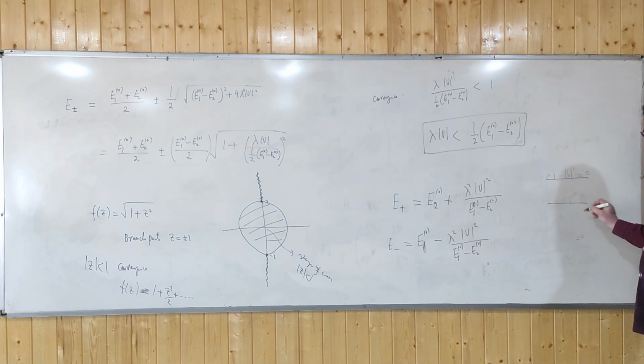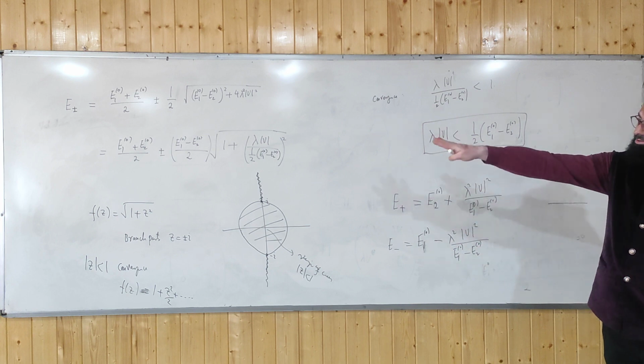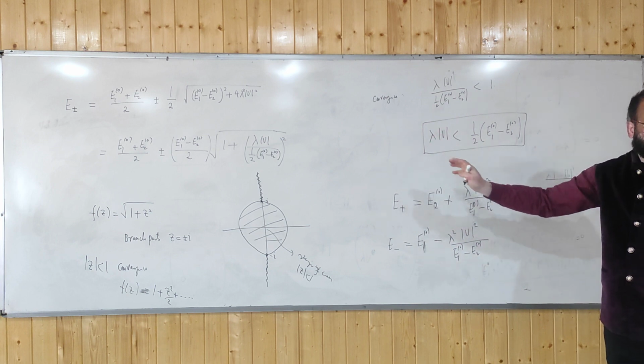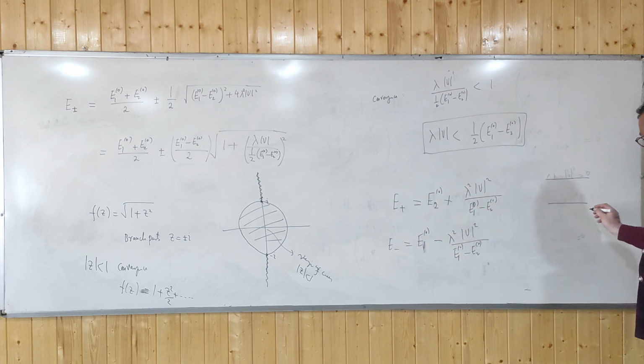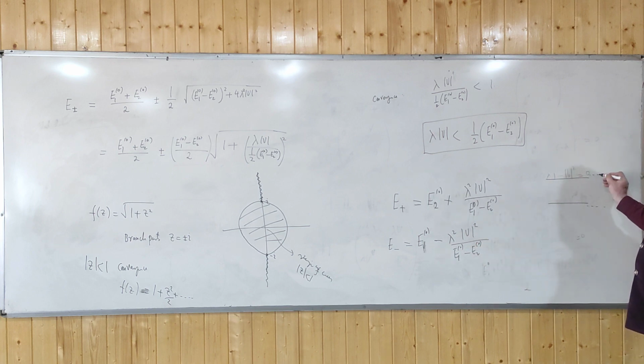One level, E1, will get shifted down, and this is the second order correction. You just need to expand this square root of 1 plus this factor in a power series and then calculate. One level will get shifted down by this much, which is a small quantity, and another will go up.